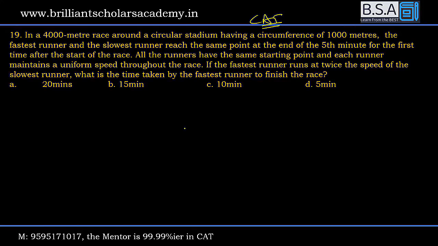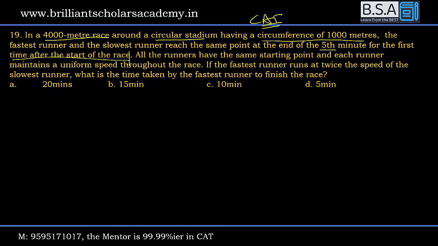In a 4,000-meter race around a circular stadium having a circumference of 1,000 meters, the fastest runner and the slowest runner reach the same point at the end of the 5th minute for the first time.